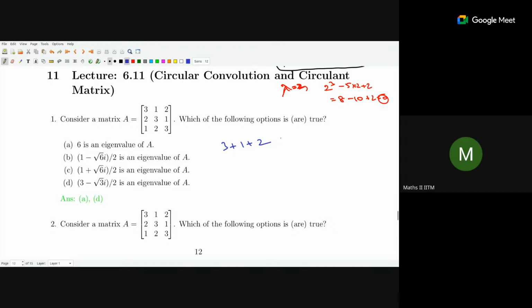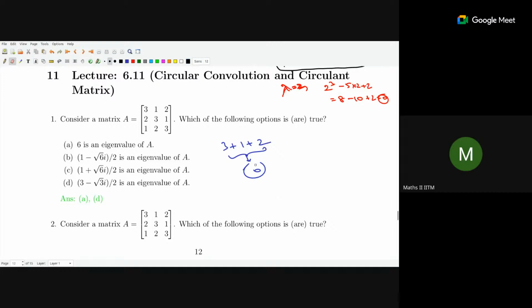Once you have one eigenvalue, which is 6, you can use the properties of the eigenvalues: the trace is the sum of the eigenvalues, and the determinant is the product of the eigenvalues. Using these two, you can find the other two eigenvalues.